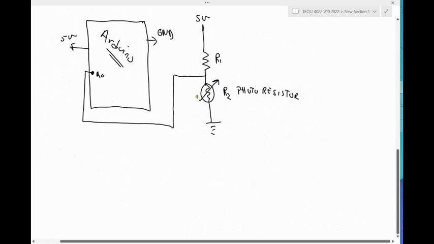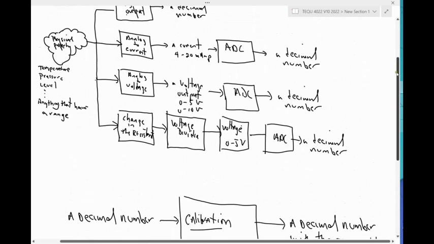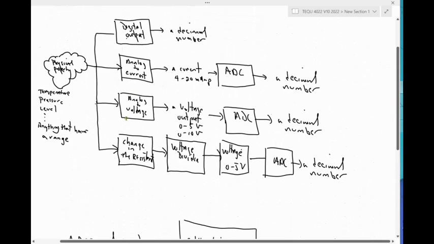So the example that we're going to use for analog to digital conversion here is a photoresistor. From this alternative here, it falls right here. It is a change in the resistance of the physical property, in this case illumination.